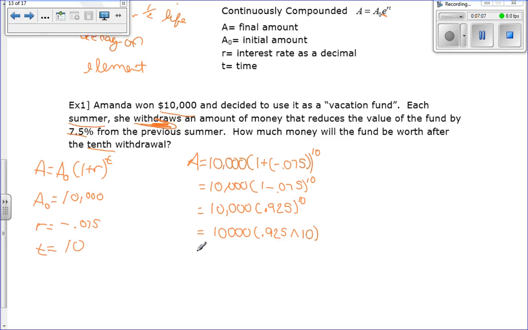And whenever we're talking about money, we always round to the nearest cent, unless we are told otherwise in the problem. And in this case, once you type all of this into the calculator, you will get $4,585.82. So after 10 withdrawals, she will be down to $4,585.82. Okay?